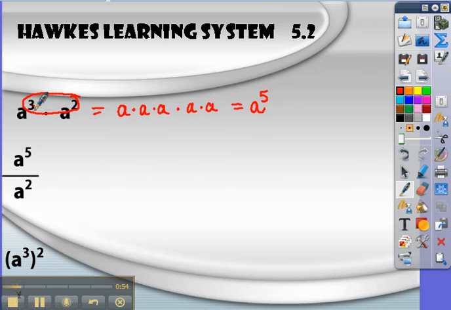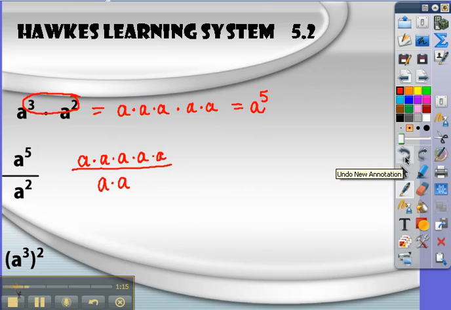Okay? The next idea is when we are dividing. If I have an a to the fifth, that's just an a times a times a times a times a over a squared. And I refer to this one quite a lot, because as soon as you have this fraction, you have it all spread out like this, then you're going to start reducing factors.